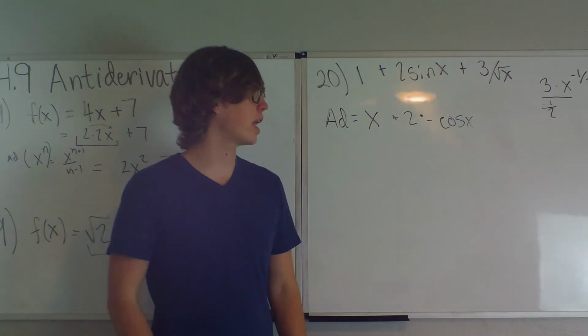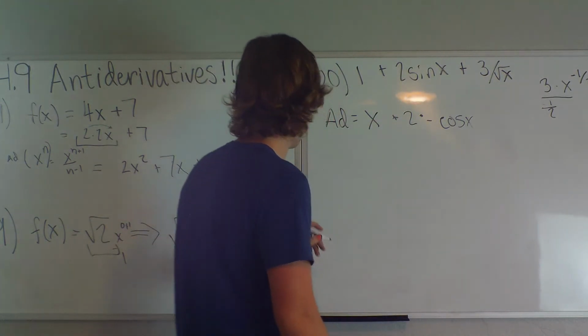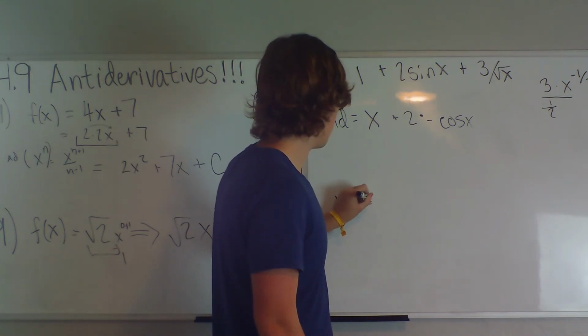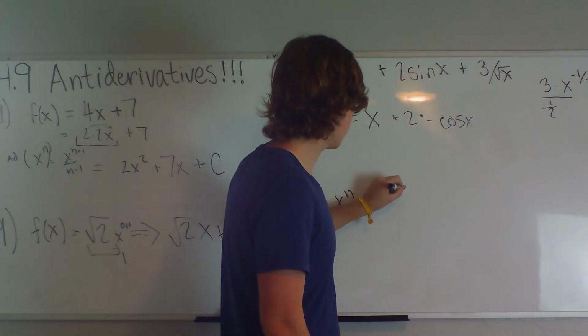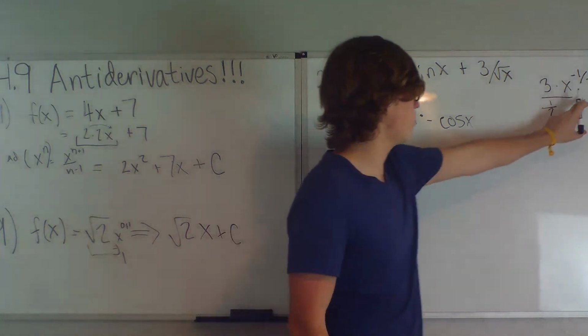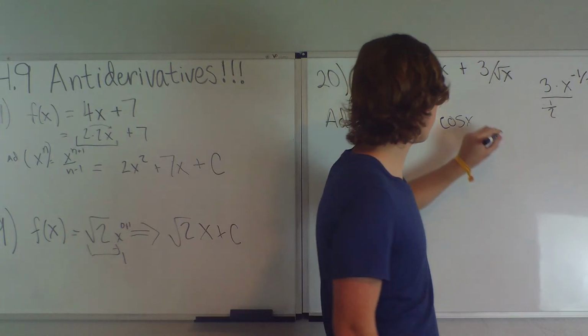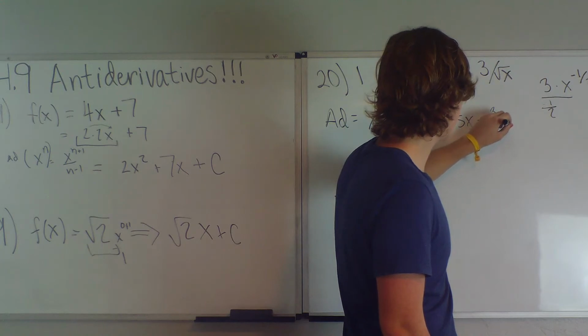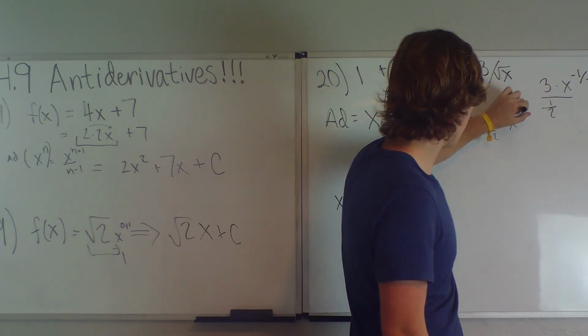Why do we divide by 1/2? Because the antiderivative, if you have x to the n, it goes to x to the n plus 1 divided by n plus 1. Well, what is n plus 1? It's just going to be 1/2. So then we get this as plus 3 over 1/2 times x to the 1/2.